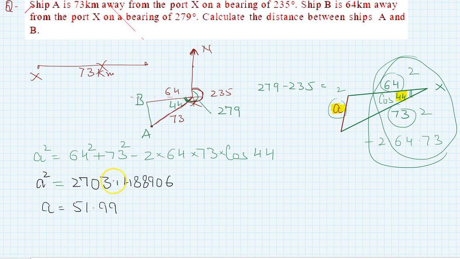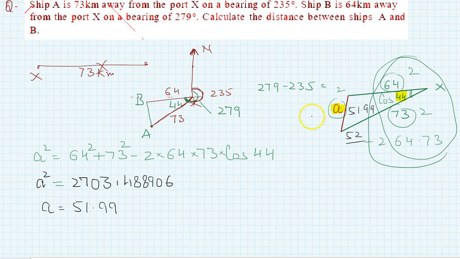So A will be 2703.488906. So A will be 51.99, and to three significant figures, it will be 52 kilometers.